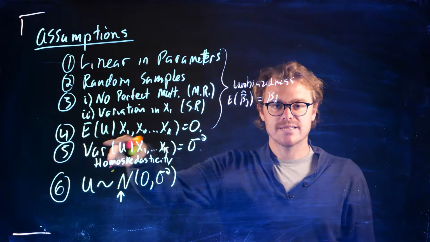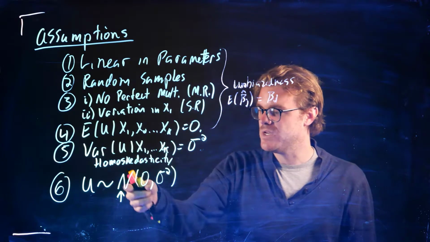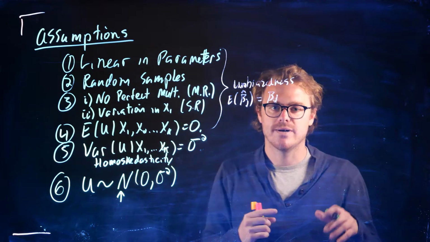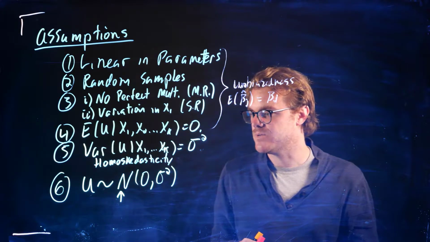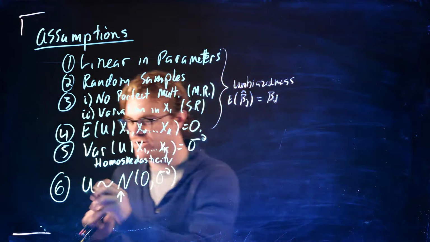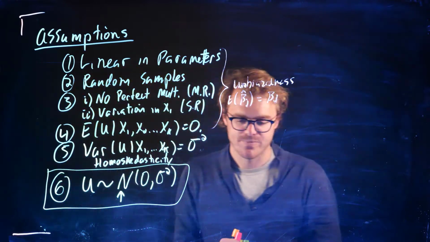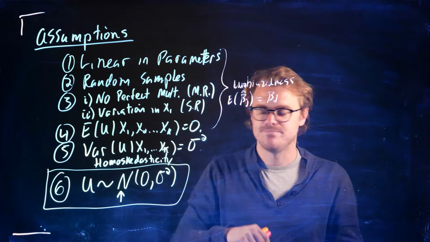Now, after our next module, we're going to learn about how maybe we can loosen this assumption when we go over the asymptotics of ordinary least squares. But this is the new assumption right here, and what this is going to allow us to do is talk about the distribution of our test statistic.